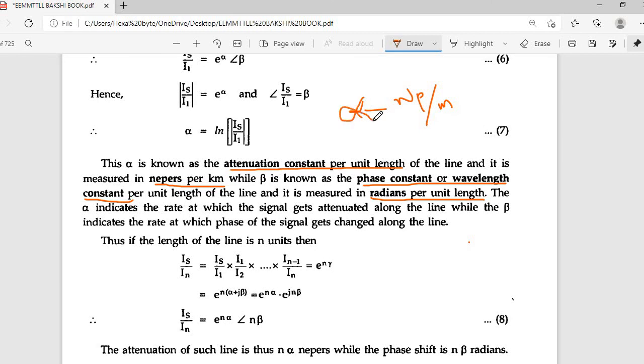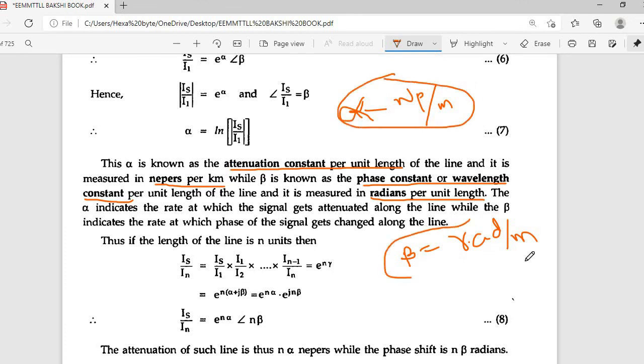This is alpha. If beta is equal to radians per length, radians per length in the sense radians per meter. This is important. The attenuation constant and phase constant of the transmission line are very, very important.